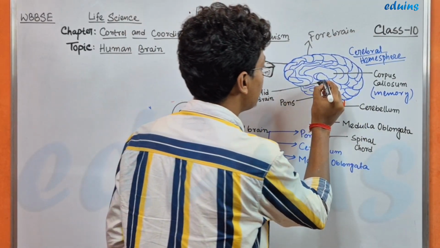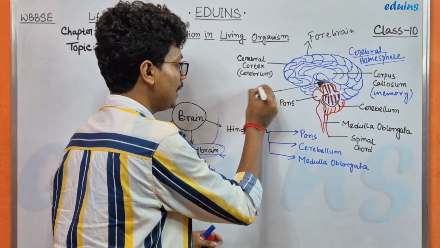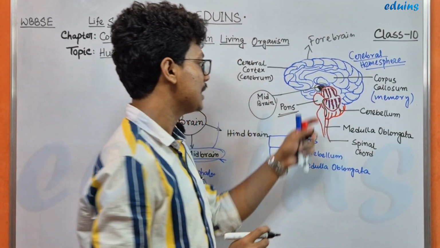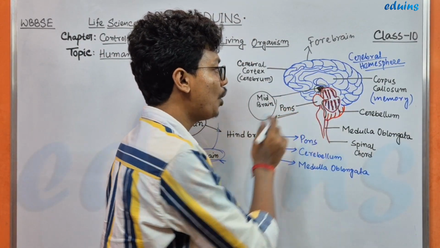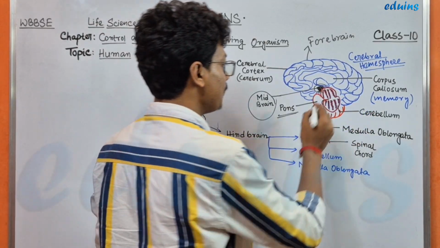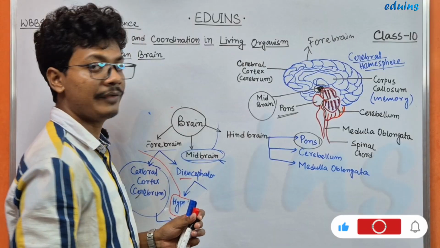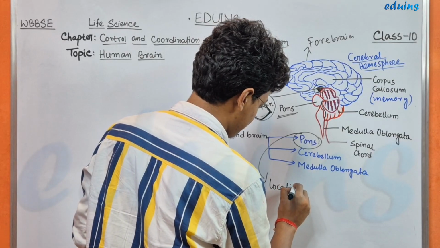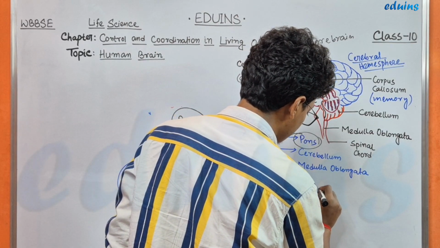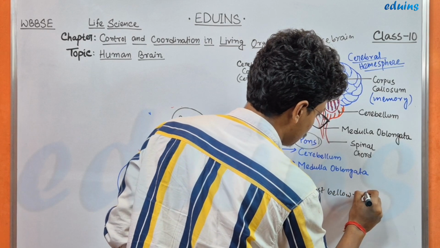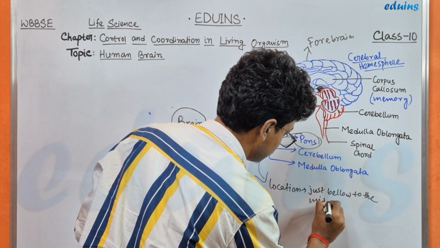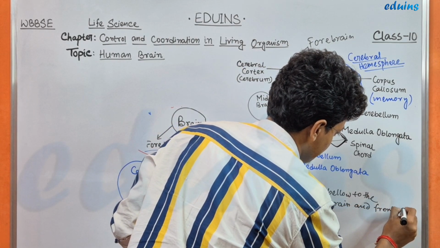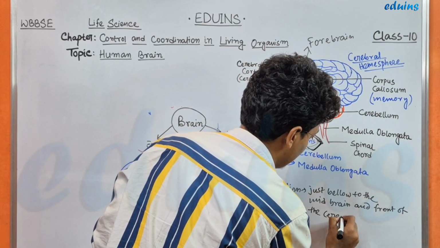And this small part is the midbrain, and the red part is the hindbrain, where the pons is located just below the midbrain and in front of the cerebellum.